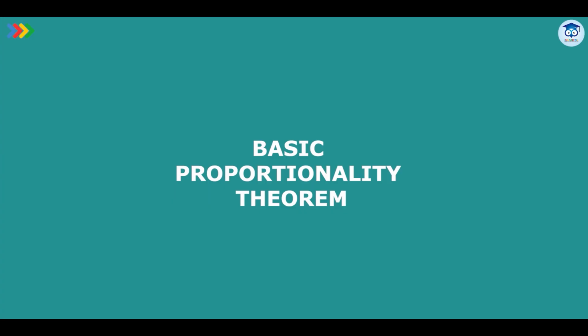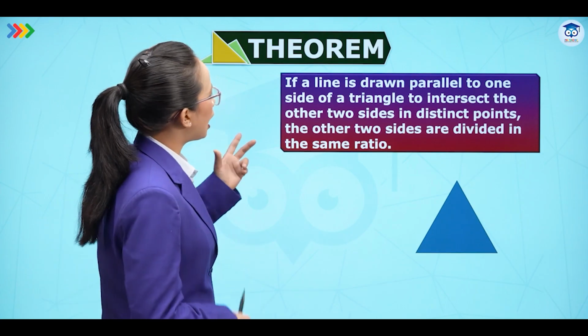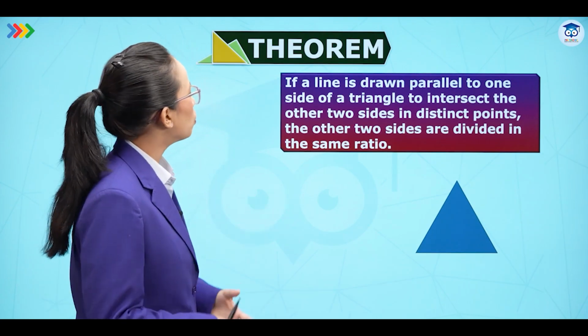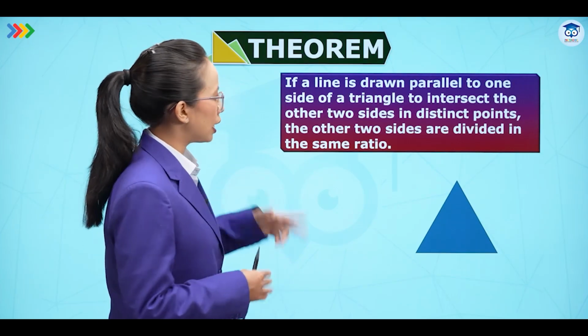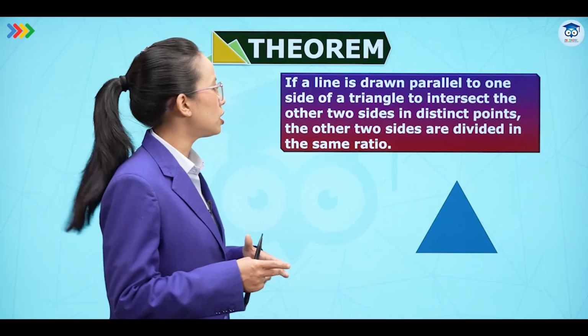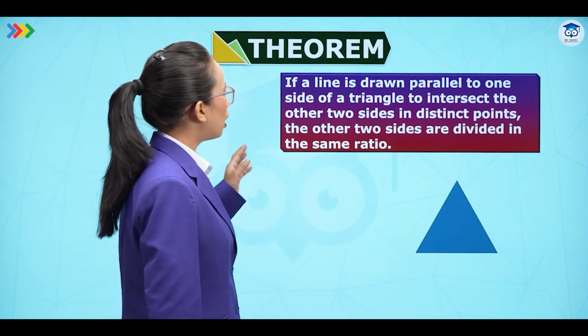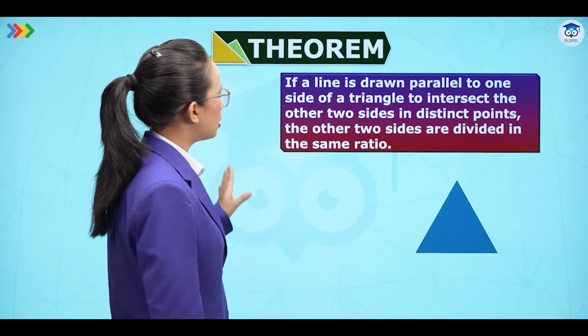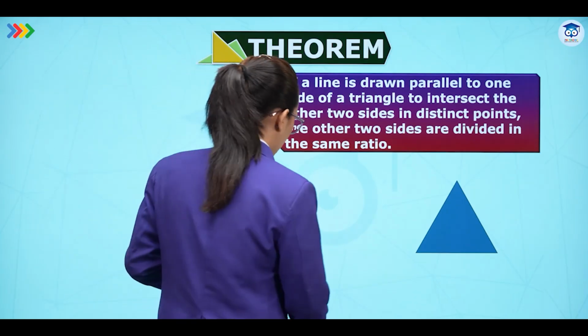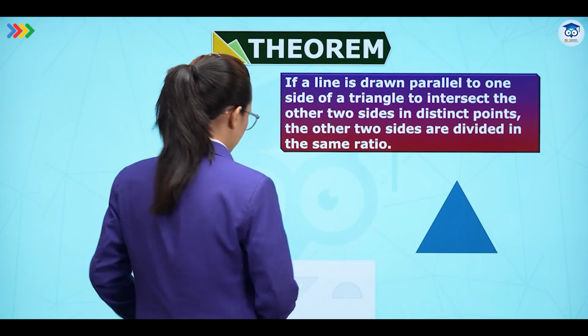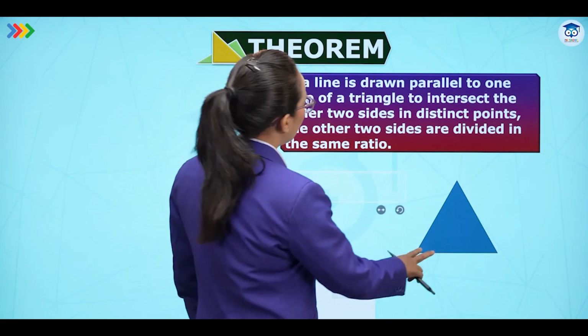So let's see the Thales theorem first, which is known as the basic proportionality theorem. It states that if a line is drawn parallel to one side of a triangle to intersect the other two sides at distinct points, then the other two sides are divided in the same ratio. Suppose we draw a line parallel to the third side.